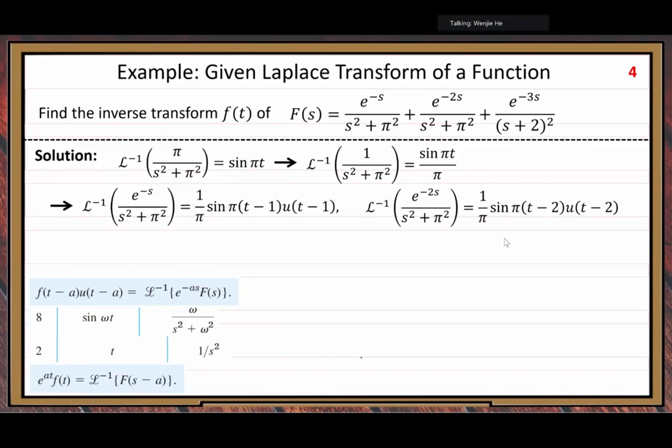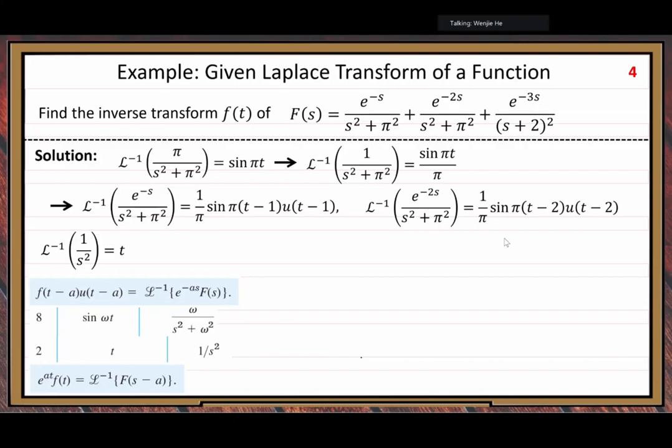Then the last one. Because there is a first shifting theorem, we also need to take care of the shifting part. So we calculate the inverse Laplace transform of 1 over s squared, basic formula number 2, so we get t.